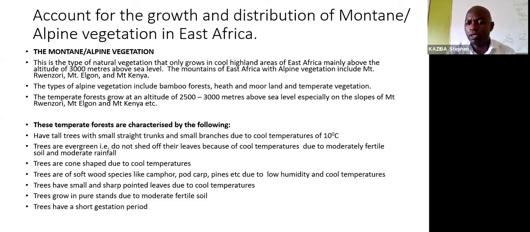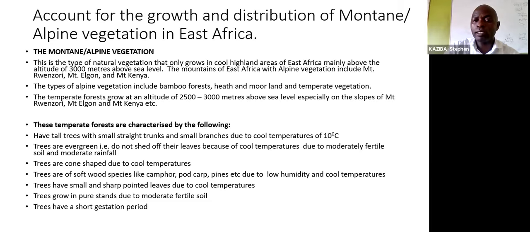The temperatures are very cool and the soils are of moderate fertility, so they favor them to be evergreen. Then the trees are conical shaped. So the trees are of softwood. Due to low humidity and cool temperatures, they have small, sharp, pointed leaves. Then they grow in pure stands. So you give us those characteristics.